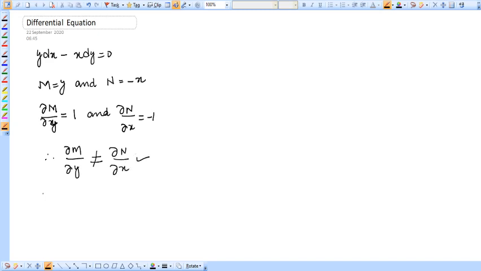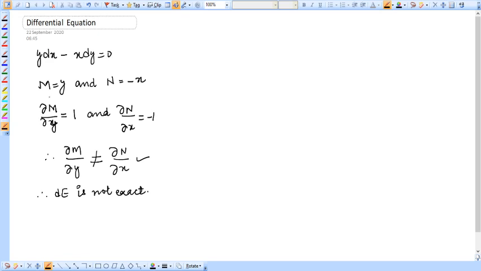Therefore we can say the given differential equation is not exact. Now if you want to solve it, until now we don't know how to solve it.